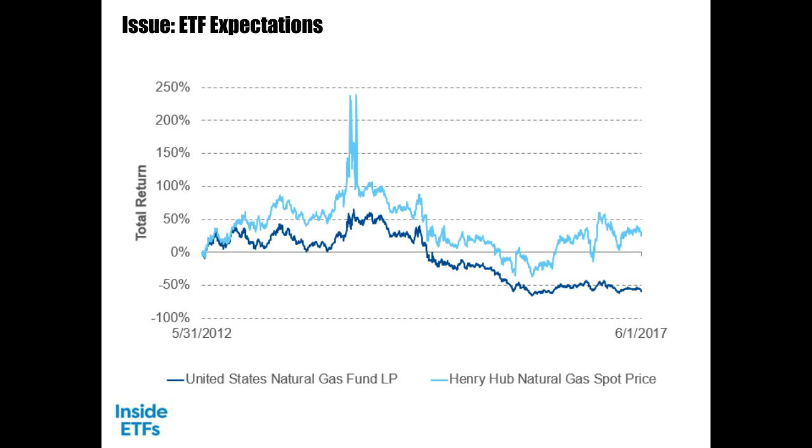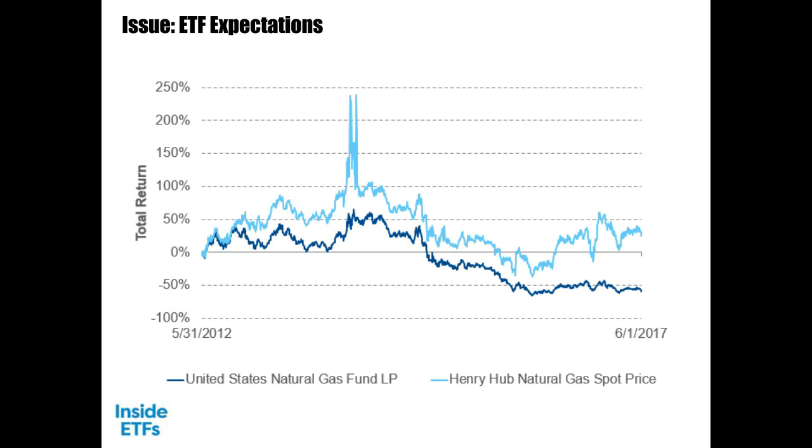And I raise this simply because ETFs have made it extraordinarily easy to buy things like commodity futures. And people can get confused and think they're buying the spot commodity price. So one virtue of ETFs is they've opened up sophisticated investments to every investor, and that is also a risk.